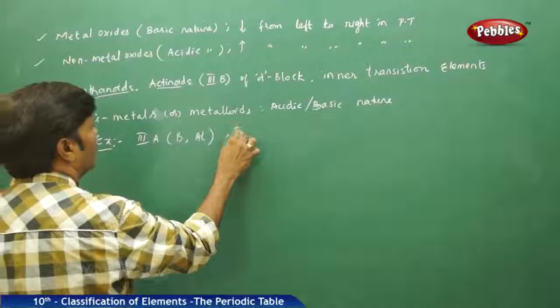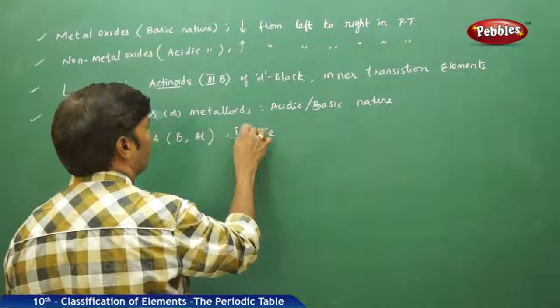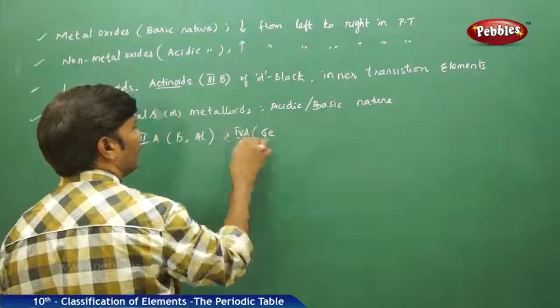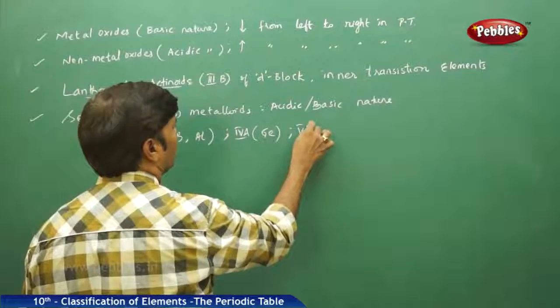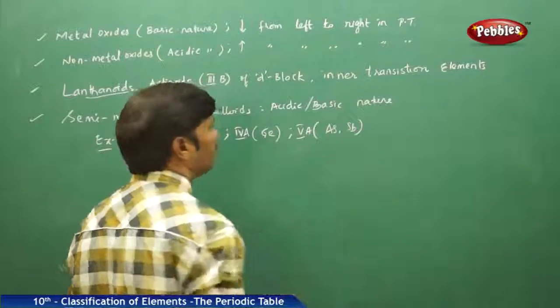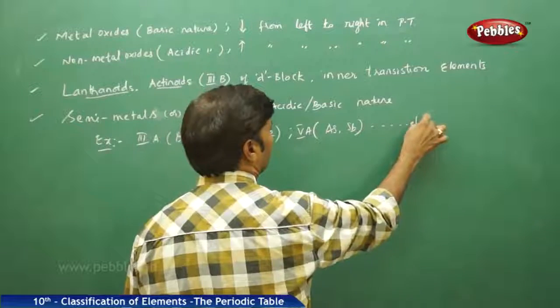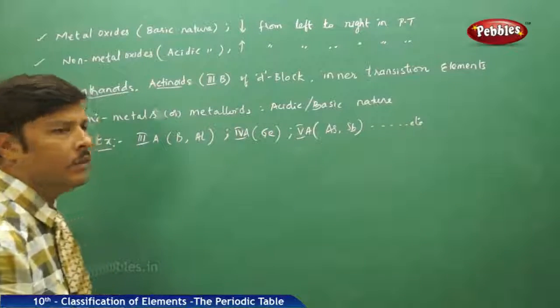In fourth A group, you can take germanium. In fifth A group, you can take arsenic and antimony, and so on. All these are examples of semi-metals.